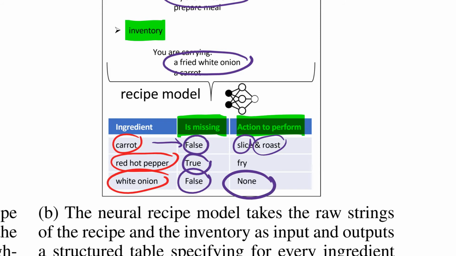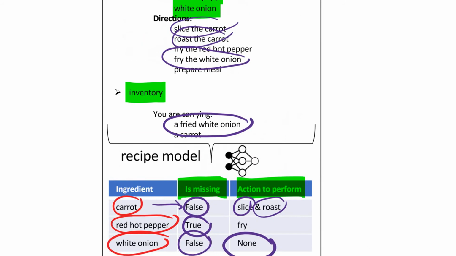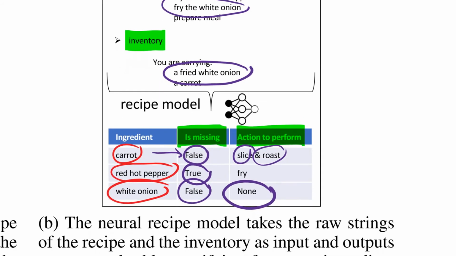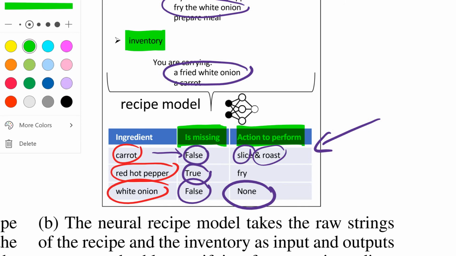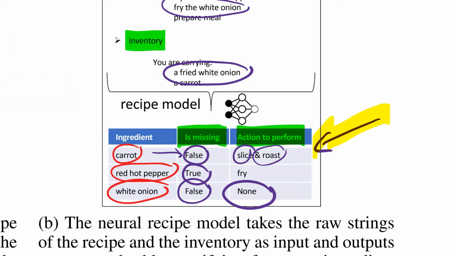So the recipe model is basically trying to make this table here. And this table you can see as an intermediary step in order to do all the other things. And the difference here to a pure RL method, and this is important, is that this intermediate table representation is done explicitly.